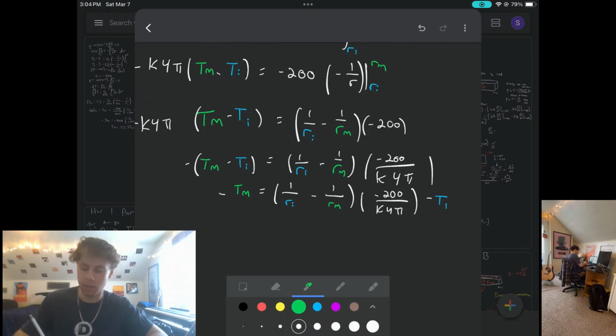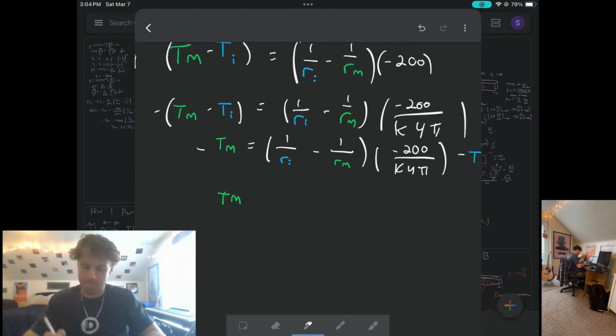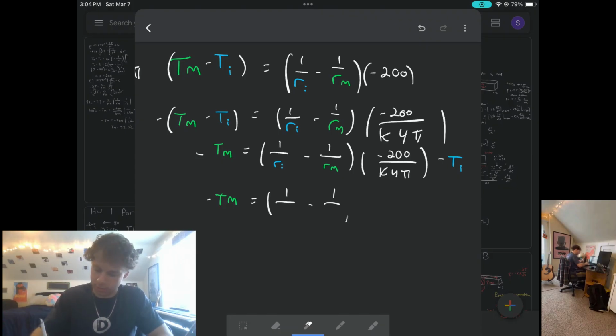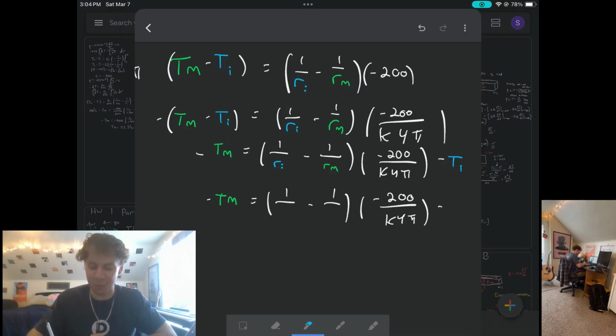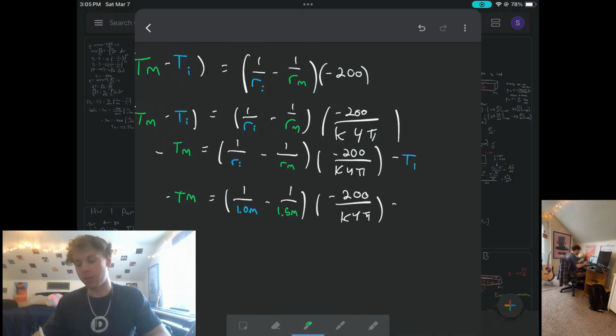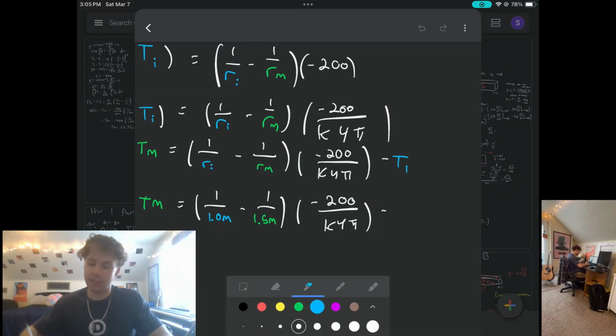Okay, so now plugging in all of our knowns, the negative temperature at our midpoint is equal to 1 over the radius of our inside surface, so that is 1 meter, minus the reciprocal of our radius at the midpoint, so that would be 1.5 meters, times negative 200 joules per second over our thermal conductivity times 4 pi, minus the temperature of the inside surface, which is 100 degrees Celsius.